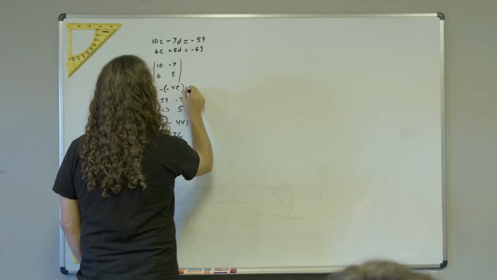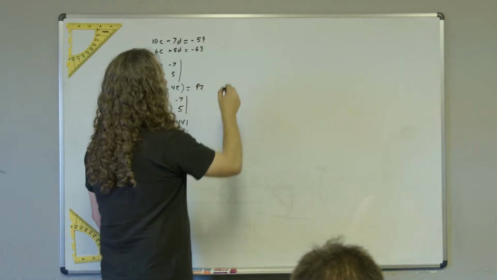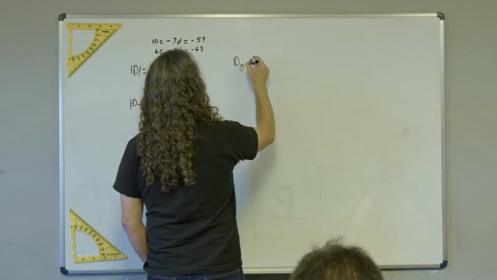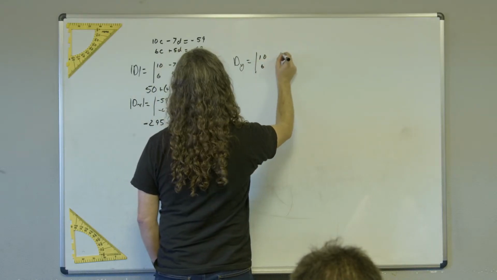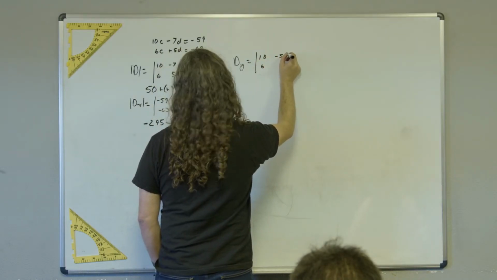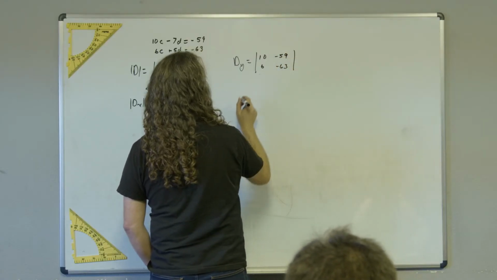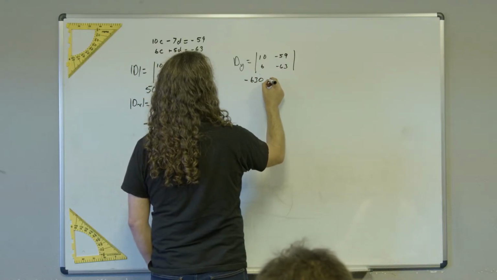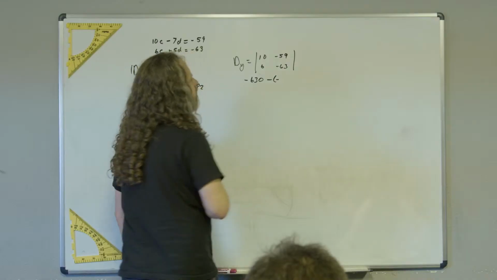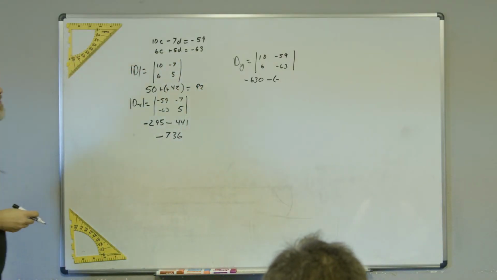I didn't do this one for some reason. 92. That'd be negative 630. That's easy money. Minus negative 6 times 59 would be 300 plus, yeah.